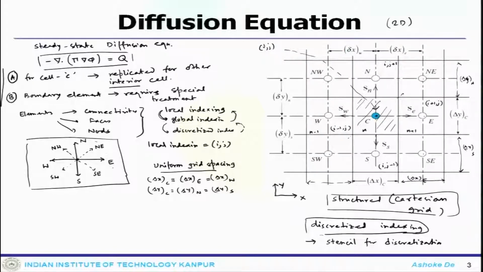Uniform spacing also makes things a bit simpler. We will start that way, and as we move along the discretization, we can look at the non-uniformity also.